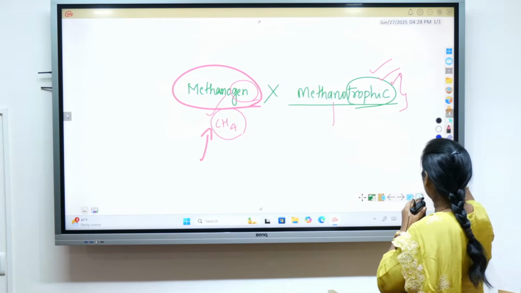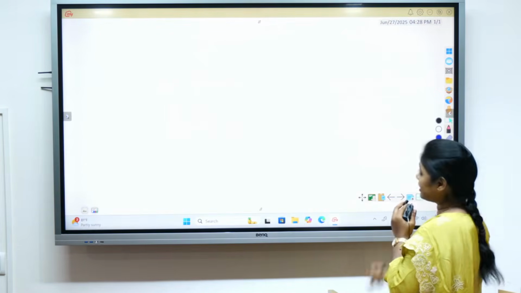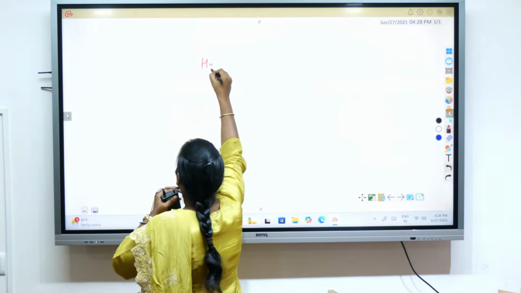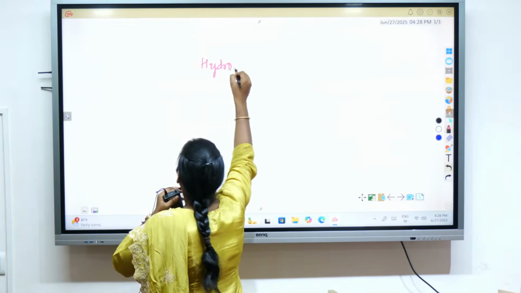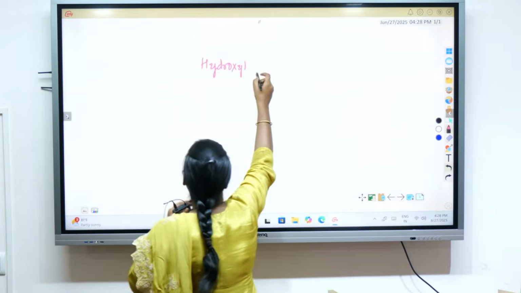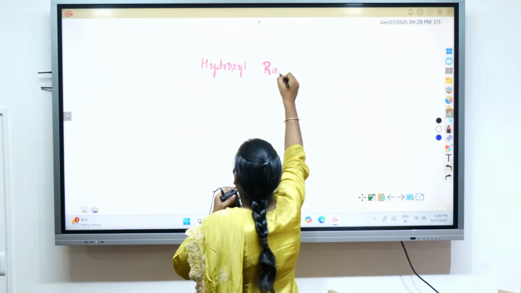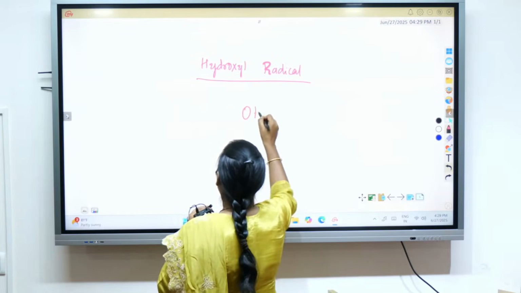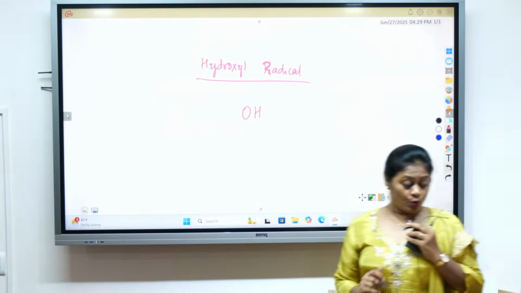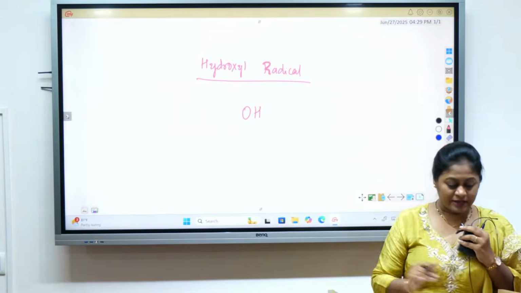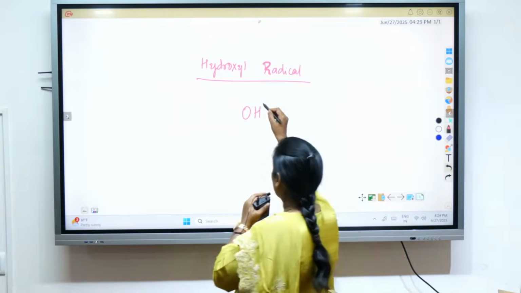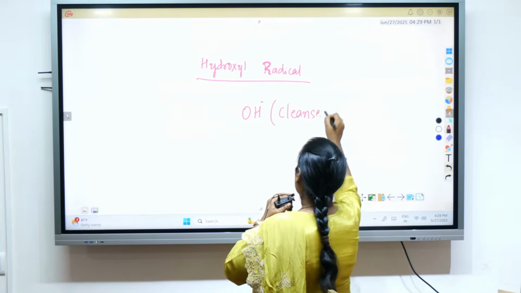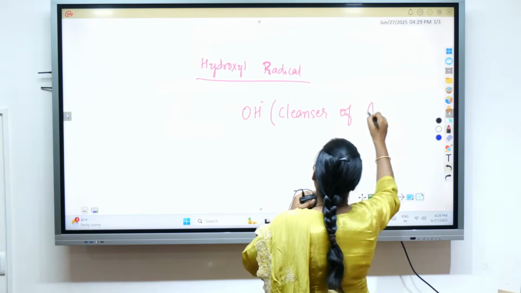And the second one is hydroxyl molecules, hydroxyl radicals, OH. Okay, so OH are known as cleanser of atmosphere. OH, hydroxyl molecules, are known as cleanser of atmosphere.